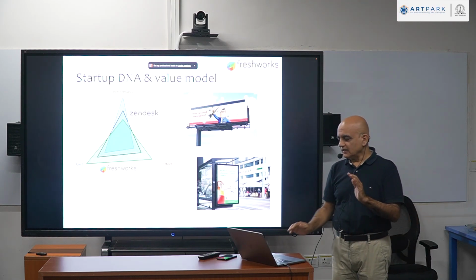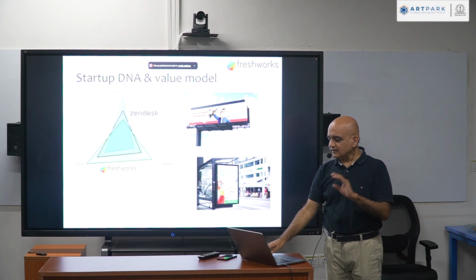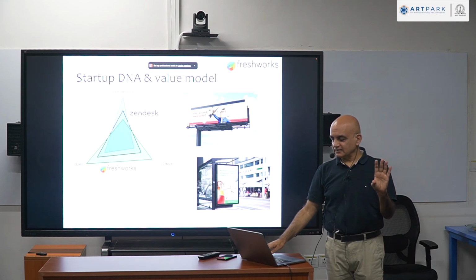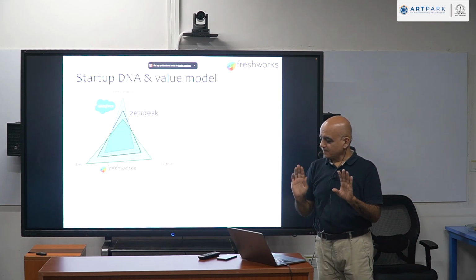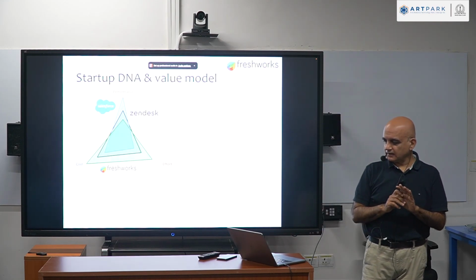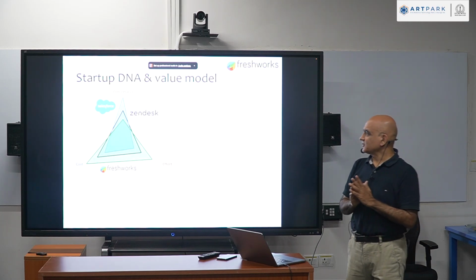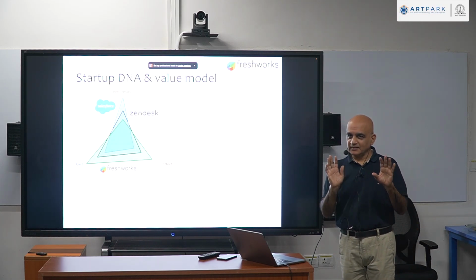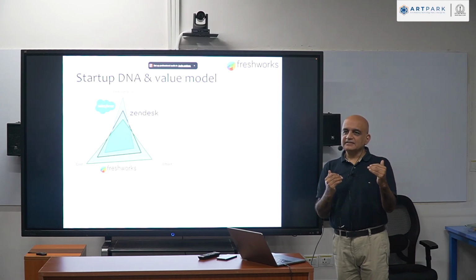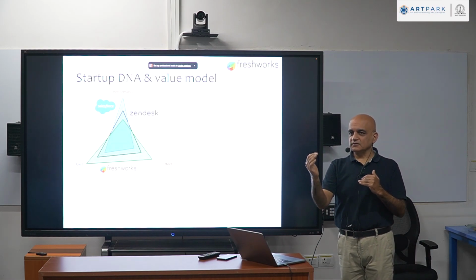So the value model, the DNA of the company, will be dependent on who you are. But as a strategic thing, you can actually choose a different value model.